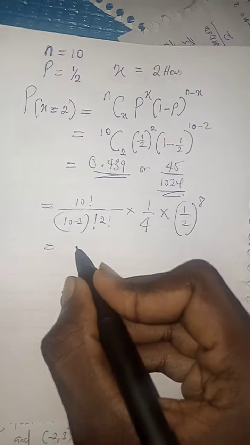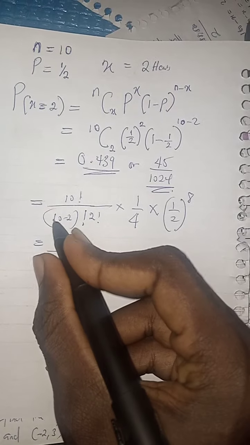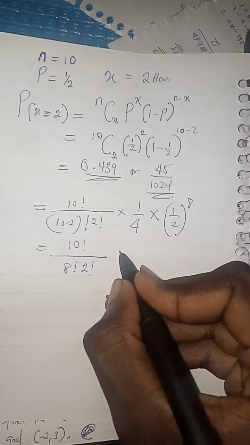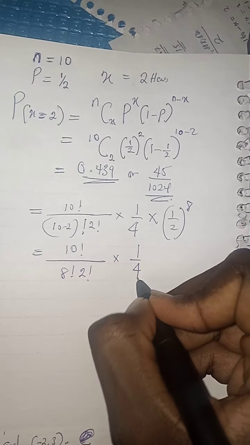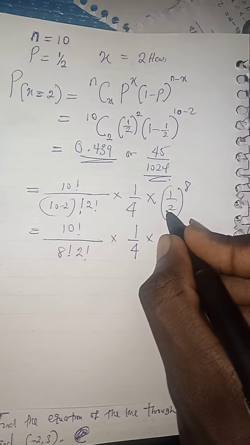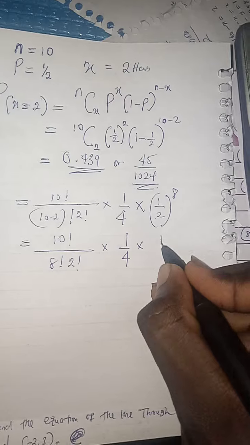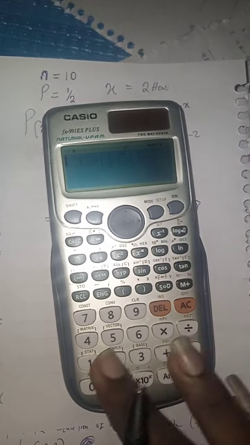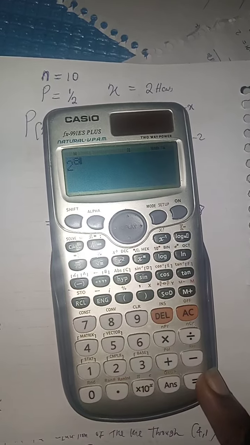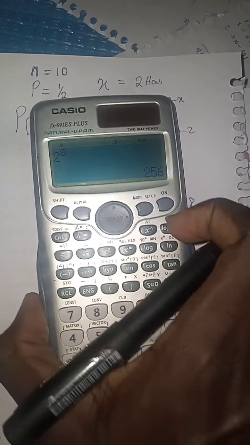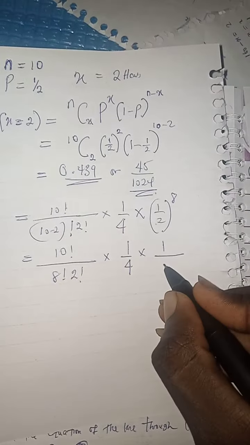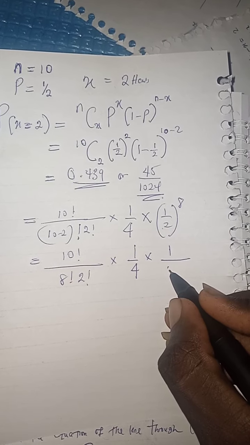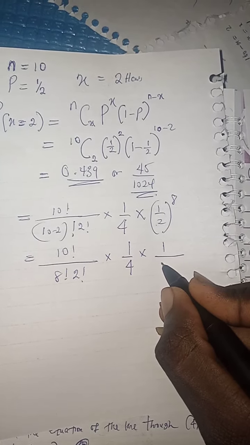So I have 10 factorial over 8 factorial, then 2 factorial, times 1/4, then 1/2 raised to the power of 8. We all believe that 2 raised to the power of 8 is something you must cram now. It's high time you got this. That's 256. You can use the calculator on the screen and press 2 times 2 eight times.